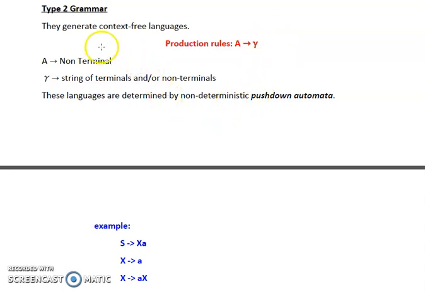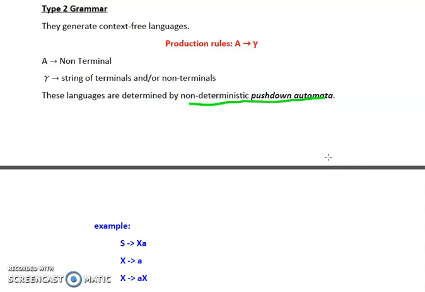The languages generated by the type 2 grammar are context-free languages, and they are recognized by non-deterministic push-down automata. So a push-down automata can be used to recognize the context-free languages.